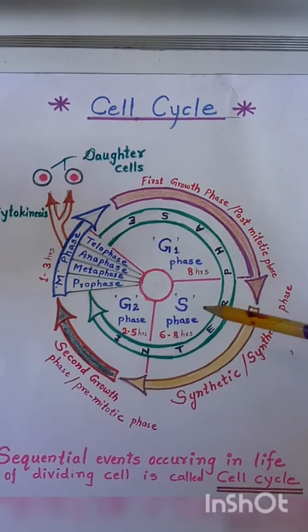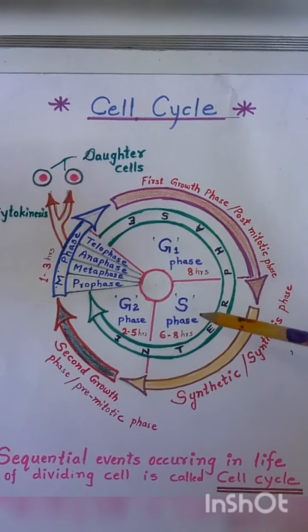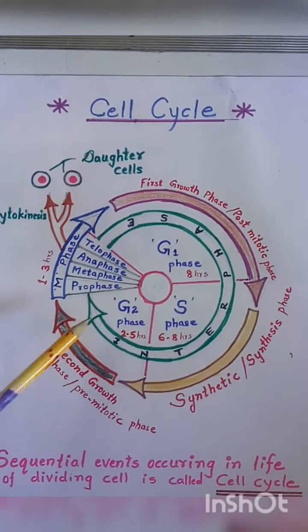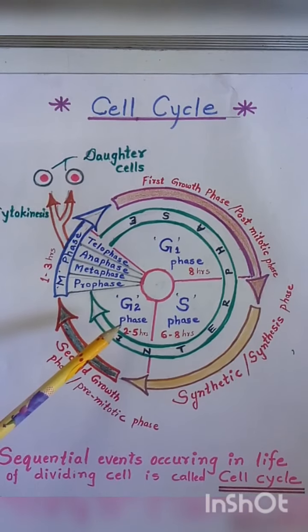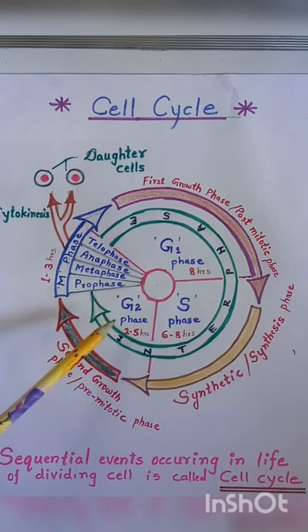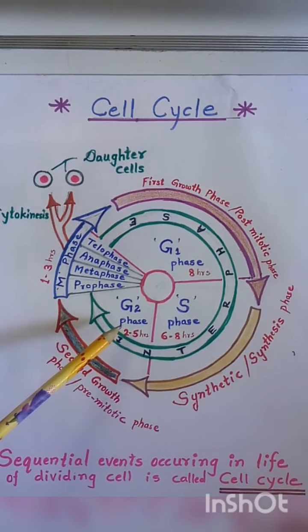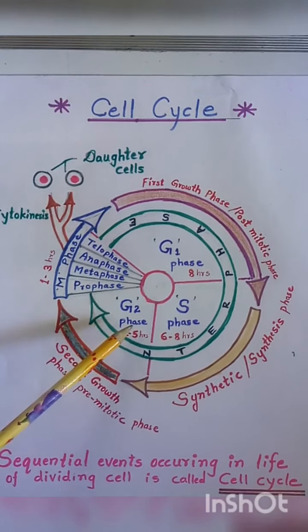In this phase, replication of DNA takes place and histone proteins are also produced. In the G2 phase, synthesis of RNA and spindle protein take place. Cell organelles are doubled or duplicated so that they are equally distributed among the daughter cells.